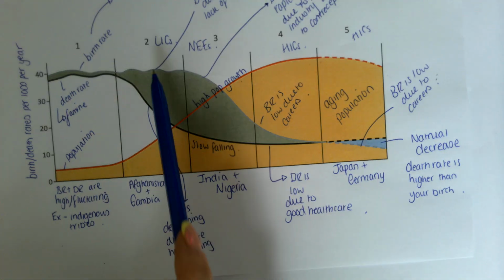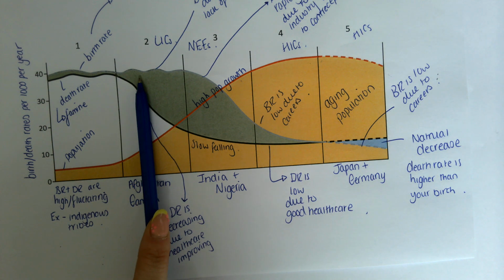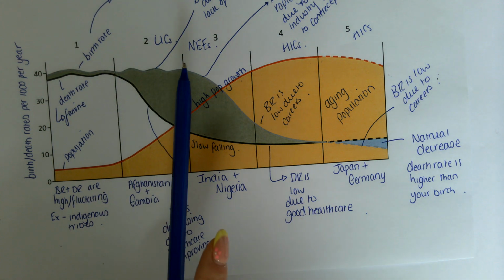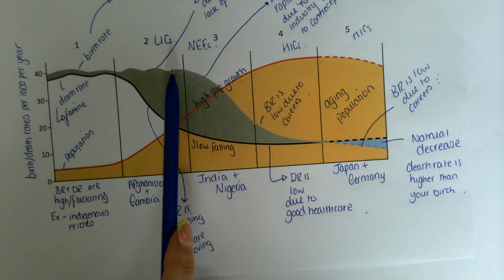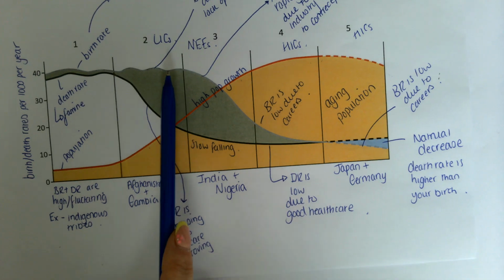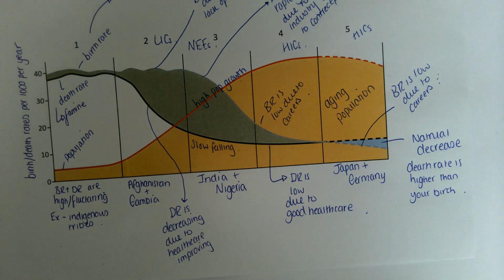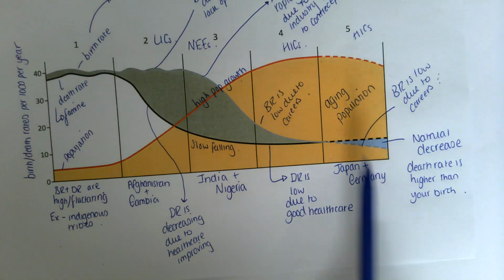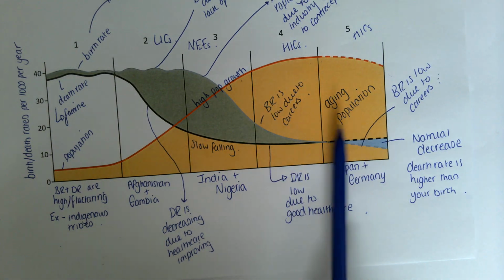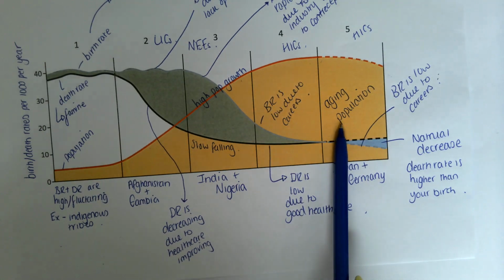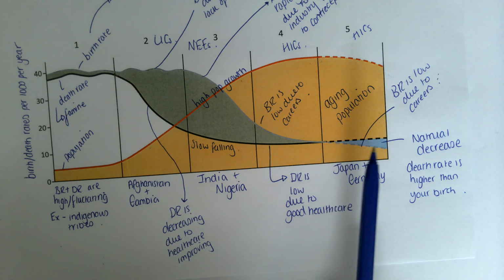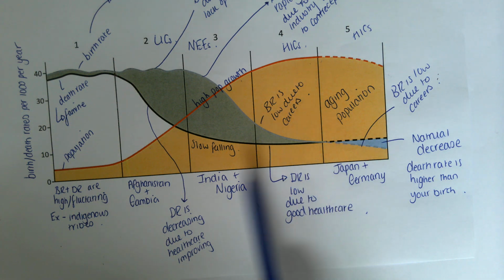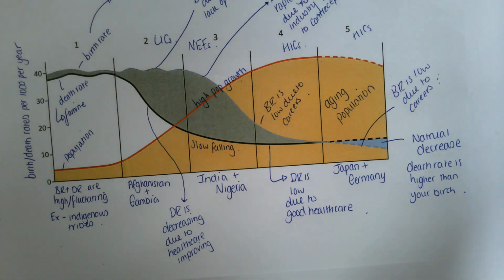That might mean my birth rate is ridiculously high in an LIC, or lack of access to contraception, high infant mortality rate, so people are having multiple children. They work in agriculture, which means that they have lots of children to work with them on the farms. Whereas here we're getting to more manufacturing and tertiary, so your secondary and tertiary type jobs. And women are more able to get an education. They're putting off having families that early.